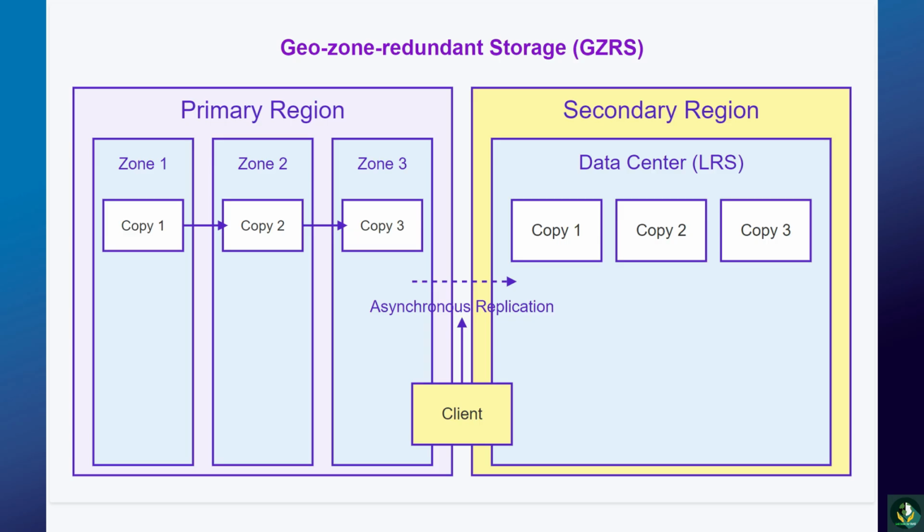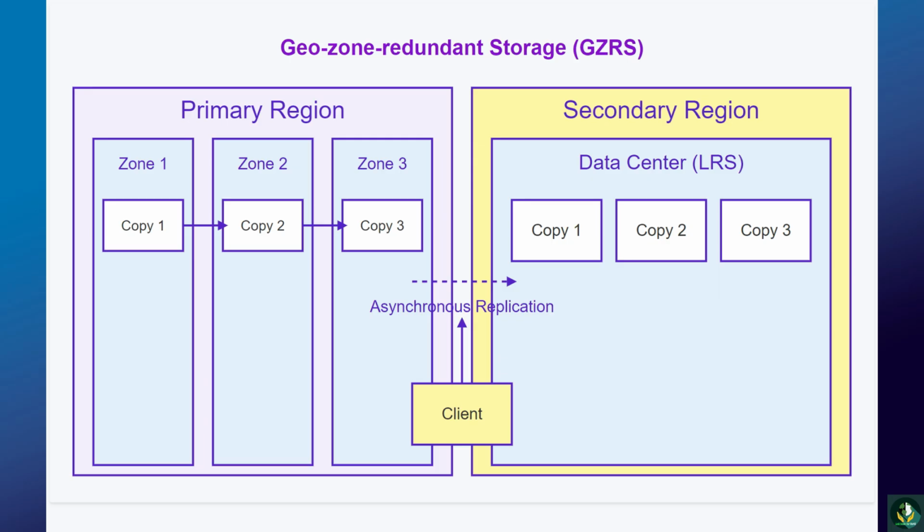High availability. By replicating data across three availability zones in the primary region, GZRS provides excellent protection against localized failures and maintains high availability. Disaster recovery. The asynchronous replication to a geographically distant secondary region offers protection against large-scale regional disasters.